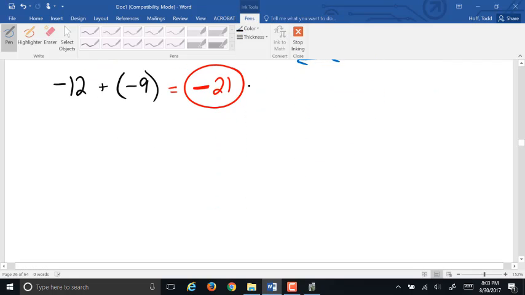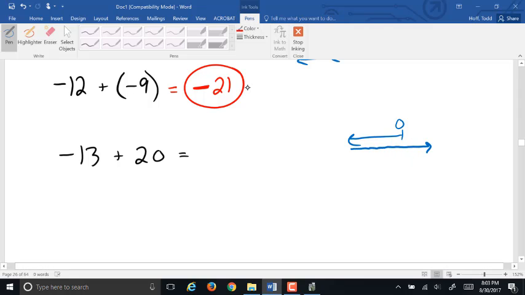Or I might have a negative 13 plus 20. Start at 0, and negative 13 goes in the negative direction. 20 goes same or opposite? Opposite, because it's positive. Shorter or longer? Longer, so it goes past 0.